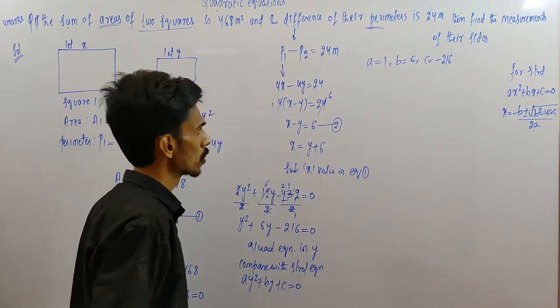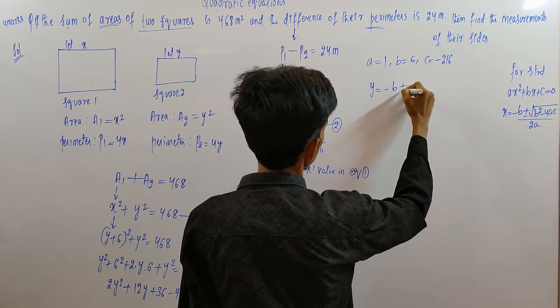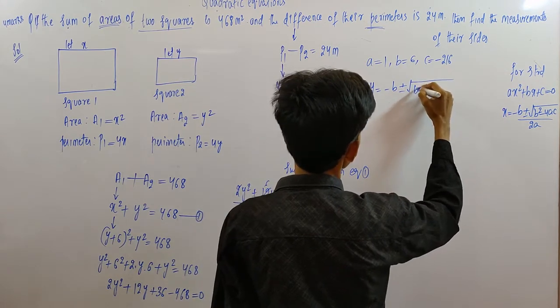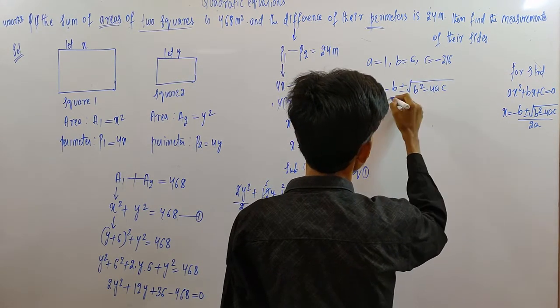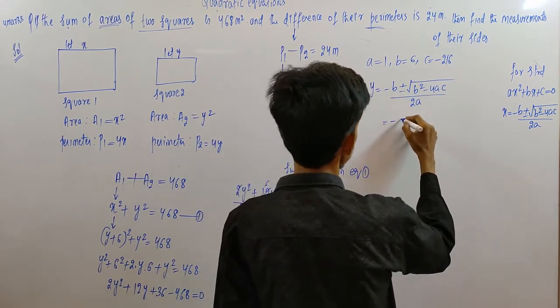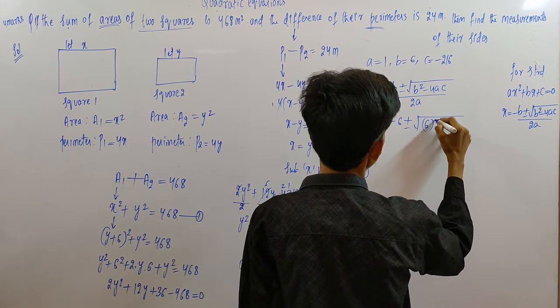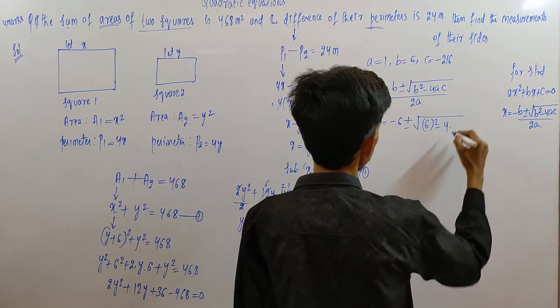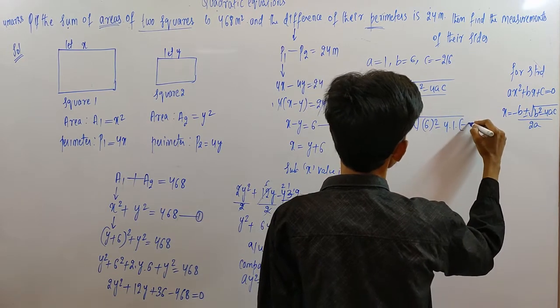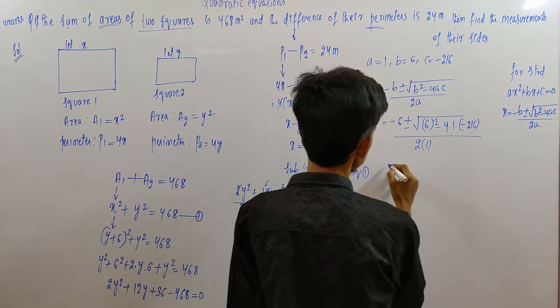Here we have y, so we will get y. y is equal to minus b plus or minus root over b square minus 4ac, by 2a. That is equal to minus 6 plus or minus root over 6 square minus 4 into 1 into minus 216, divided by 2 into 1.